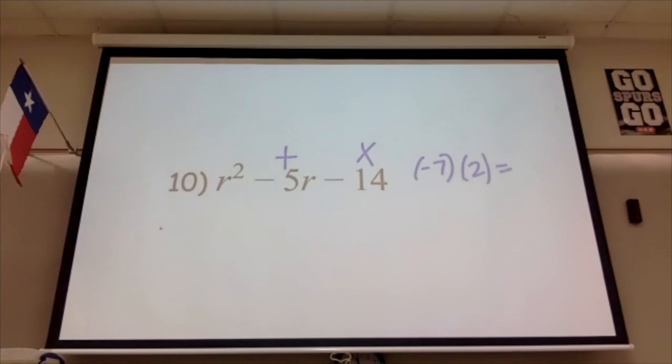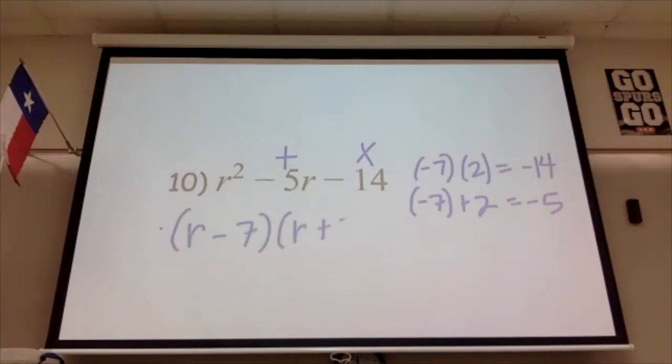When you multiply, do you get negative 14? Okay, and then negative 7 plus 2, is that negative 5? Yes, so we would write our factors as r minus 7, r plus 2. So any questions about this?